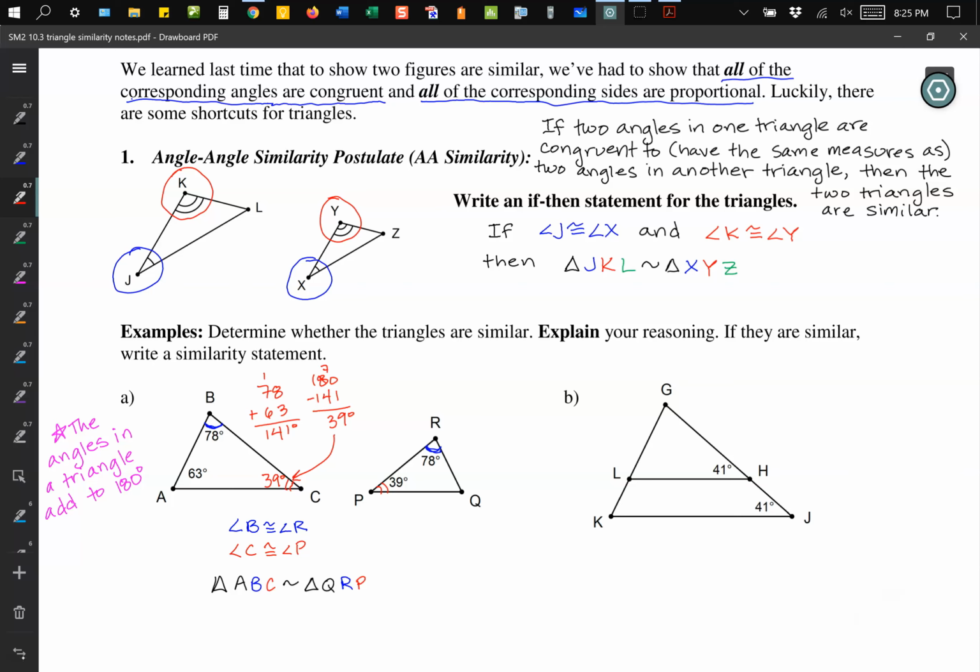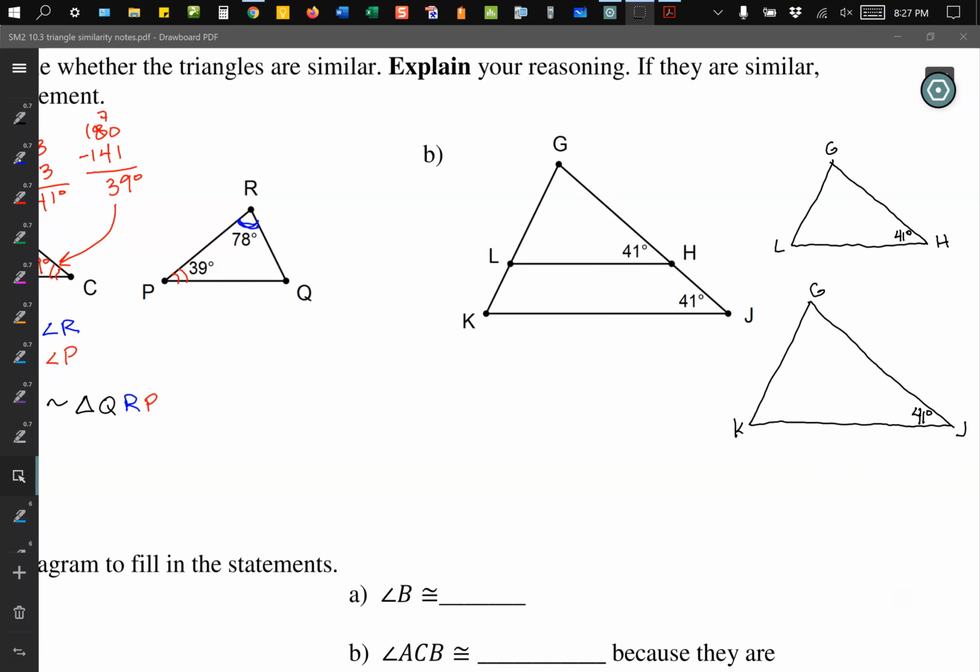You may see problems where you have overlapping triangles. One thing that really helps when you have overlapping triangles is to draw the two triangles separately. So I have taken this diagram and I have drawn the two triangles that make up the diagram separately.